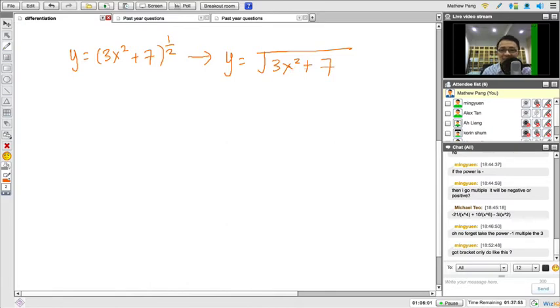First thing that should come into your mind is you must understand square root means power 1 over 2. If the question gives you cube root, it means the whole thing power of 1 over 3. Please understand this, because it is so important. If you do not understand this, please go ahead and revise the indices.